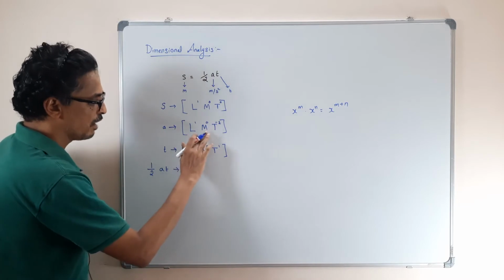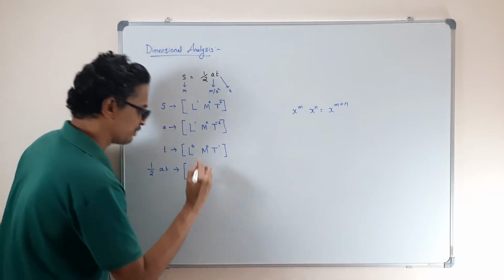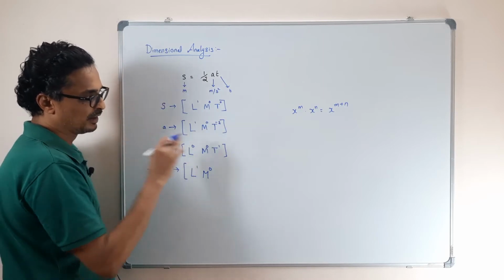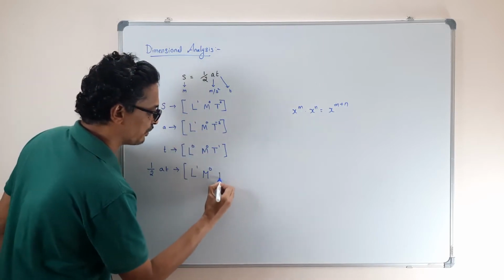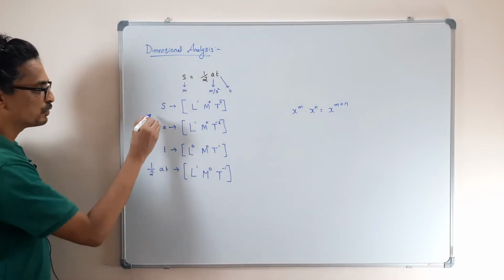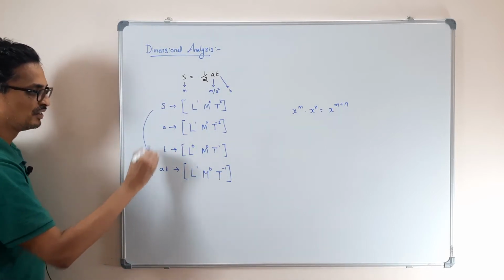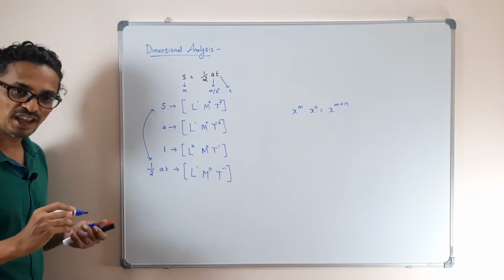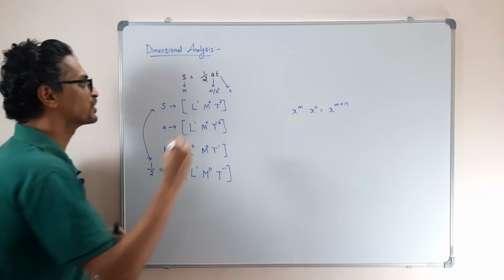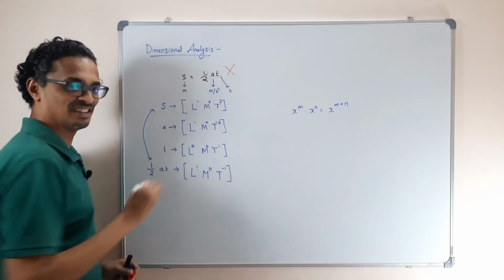M power 0, M power 0 will be M power 0. And T power minus 1. Can you see? Do they both match? No, they are not matching. So that means the equation you have written is wrong.